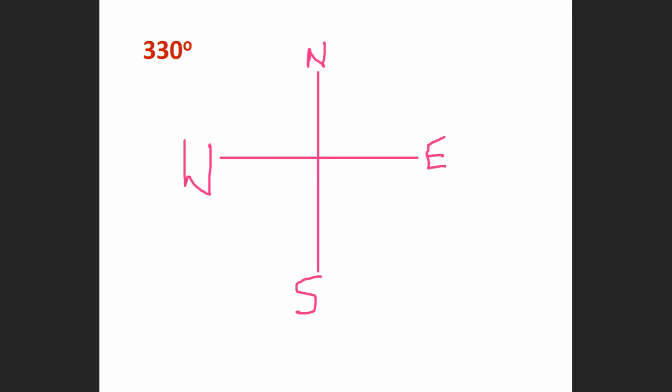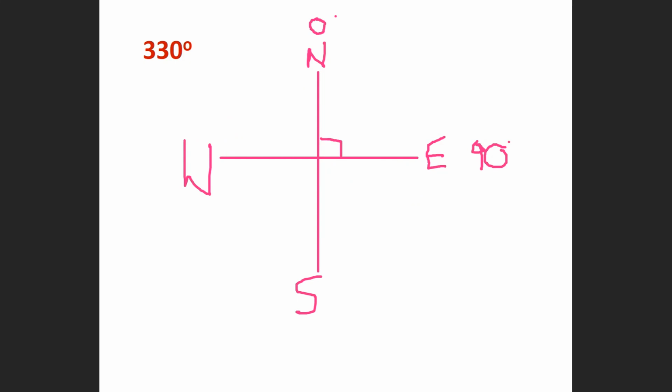Now, one thing I want you to be very careful about is that so far you know that north is 0 degrees. And east is 90 degrees. Okay. And this part here is 90.